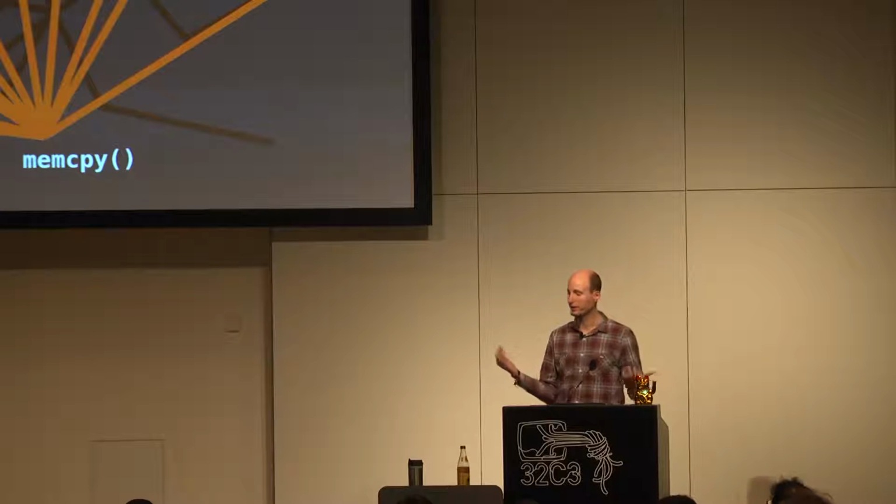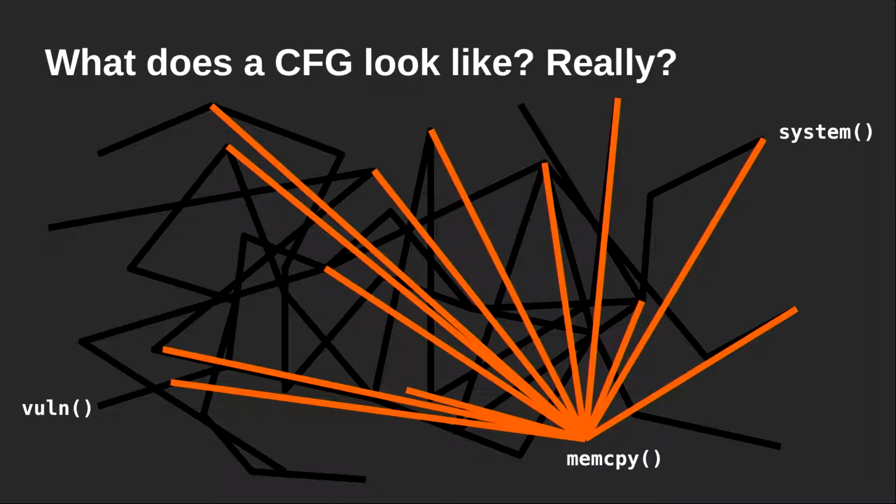So the assumption is that it is very unlikely that an attacker will be able to find such a path. But what does a control flow graph really look like? In fact, we found that there is a large number of functions that are densely connecting the control flow graph between all of these individual locations.